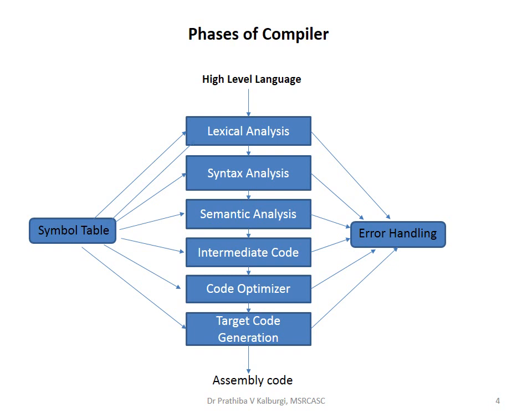The main purpose of the code optimizer is to reduce the size of the program or reduce the number of lines, and thereby it gives the output to the target code generator. This target code generator will finally generate the assembly code.